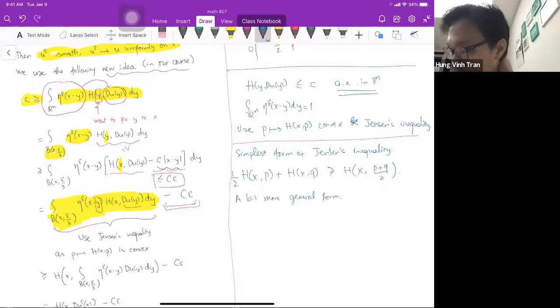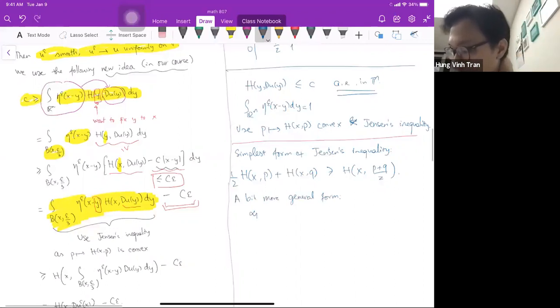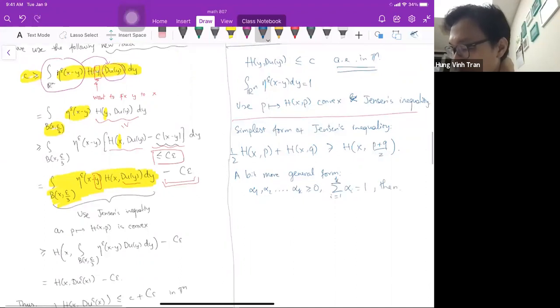So if you take indices alpha 1, alpha 2, up to alpha k, non-negative, and their summation is 1, then you would have that the summation of i from 1 to k, alpha i h of x, p i is going to be greater than or equal to h of x, the summation of i from 1 to k of alpha i p i, right?